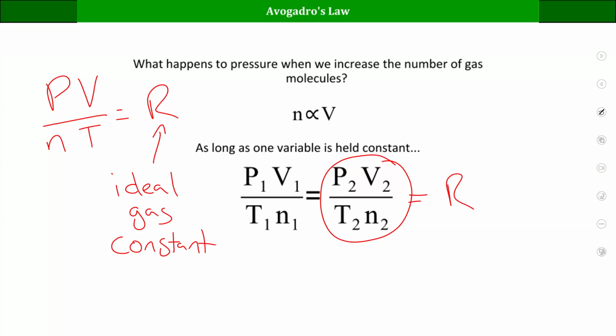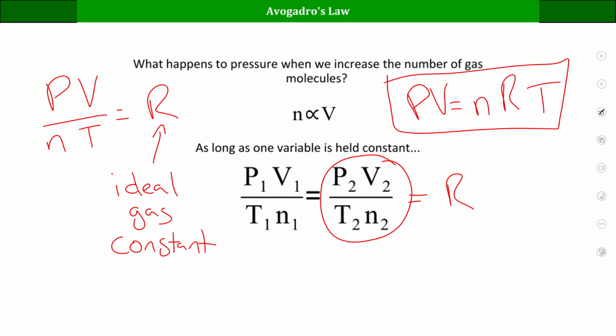We rearranged this so that it doesn't have a fraction, because who likes fractions? Nobody likes fractions, right? So we just multiply both sides by N and T. We get pressure times volume equals moles times R times T. This is the equation you're going to use 9 times out of 10.